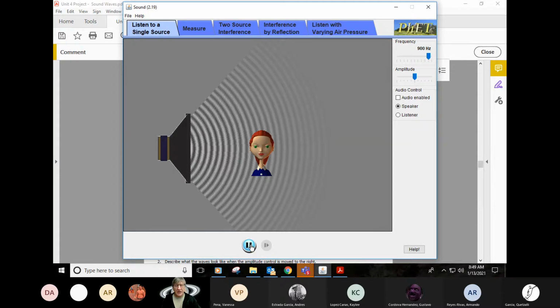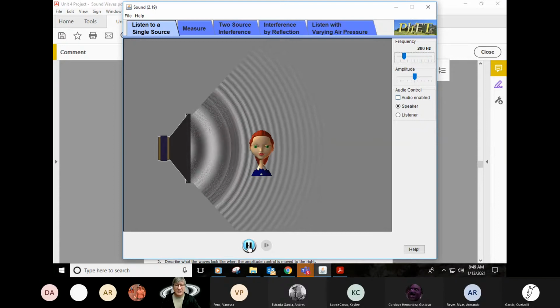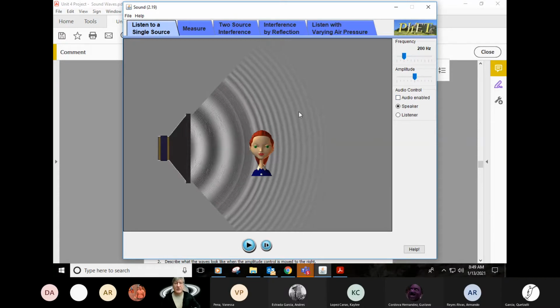Keep that in mind and watch what happens when I lower this frequency. So here we have some high frequency waves still moving past this person and some low frequency waves coming out of the speaker right now. If we were to measure from the center of this black wave to the center of this black one, wouldn't that be a much larger number than from here to here?